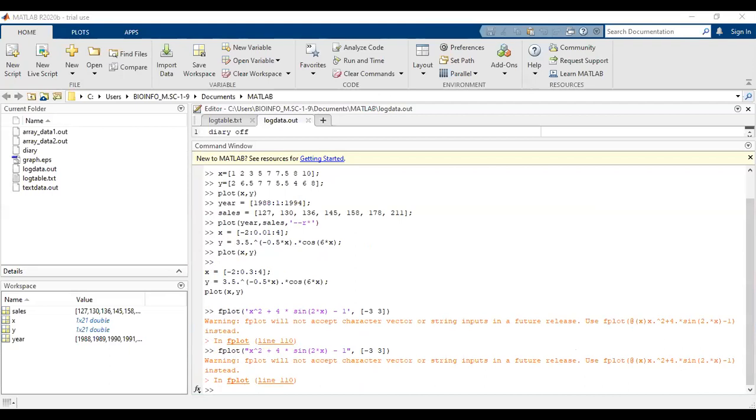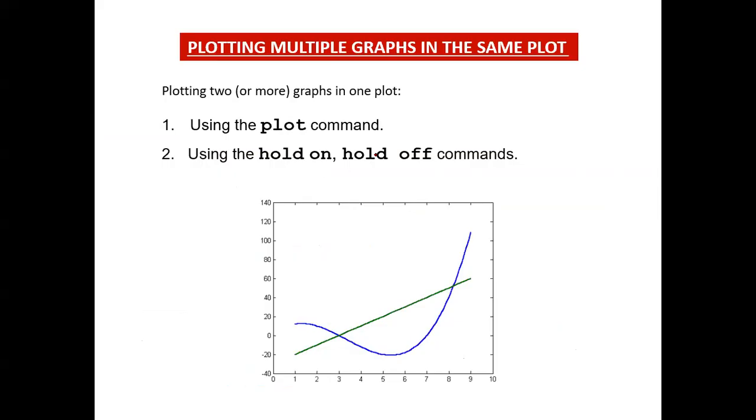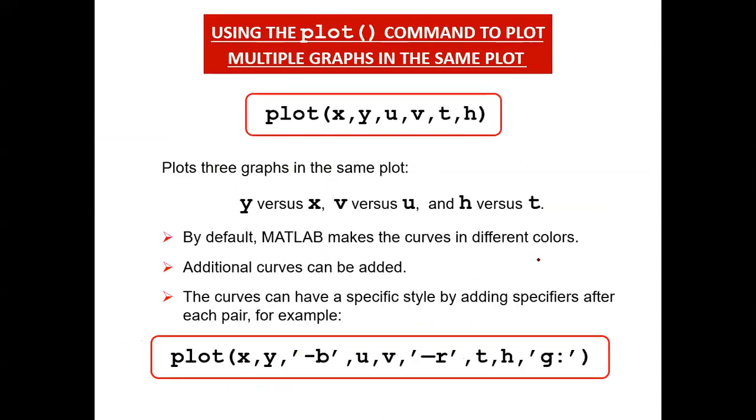So we can add. This type of output we are going to expect, whatever plot we have, and for multiple graphs we can also add functions. I will show the function plot in the later slides. Then another option: we can draw multiple graphs in the same plot.